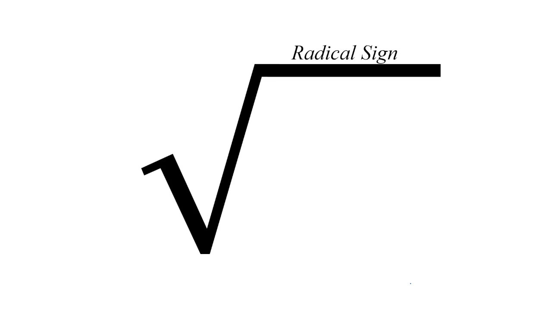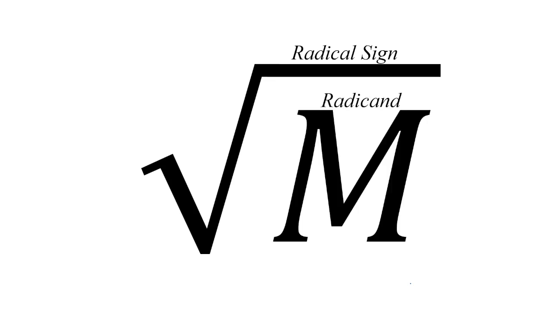The number that is inside the radical sign is called the radicand. For all your mathematical lives, you see the radical sign and the radicand, and that means square root.